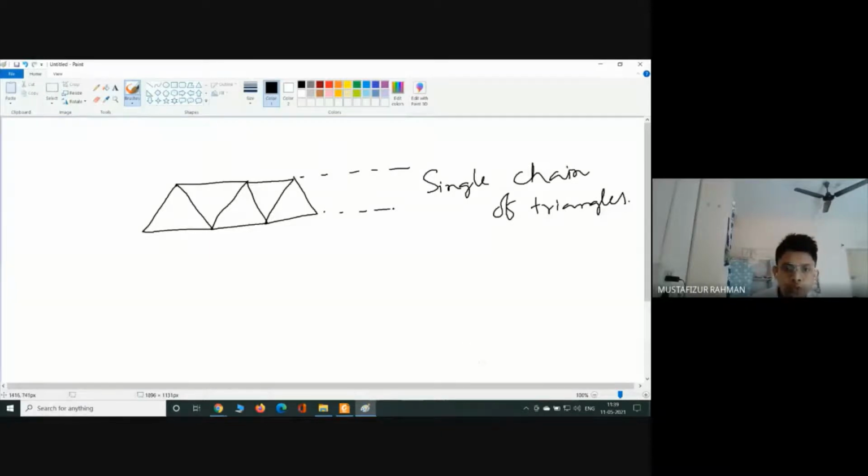Then, for example, if we have triangles here also, like this, so I'm just saying that we have two rows, then that will be a double chain of triangles. That way we have different shapes of triangles.